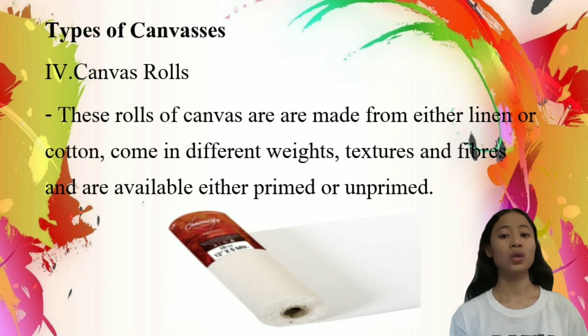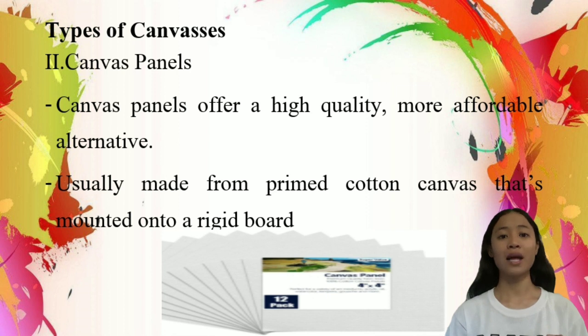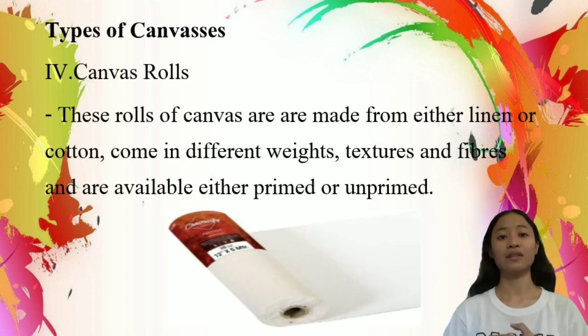They're usually sold by the yard or in rolls, which is really expensive. So, that is the four types of canvases: the stretch canvas, canvas panels, canvas pads, and the canvas rolls. Before investing in any canvas, do some research and check out all the options in order to choose the type of canvas that is best suited to your needs and your pocket, of course.